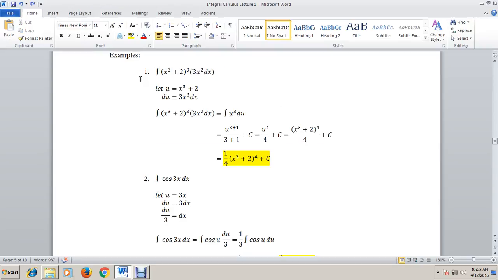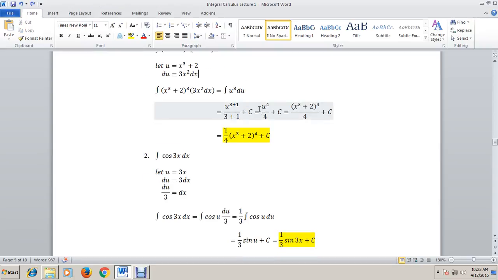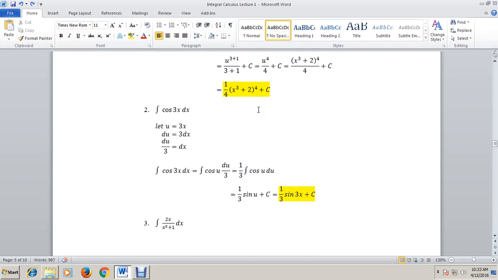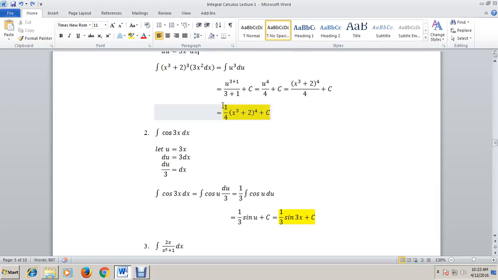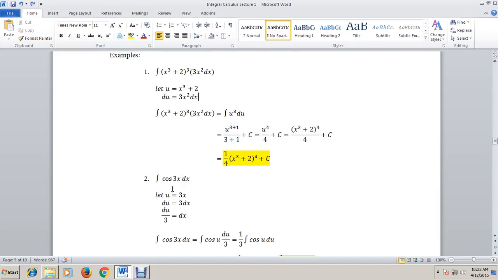Now let's try to do the same process for example number 2, the integral of cosine 3x dx. Of course, this is a trigonometric function, whereas example number 1 is an algebraic function. If you're given an algebraic function, your clue is simply to look for the highest exponent, and you represent the expression under that exponent as your u.